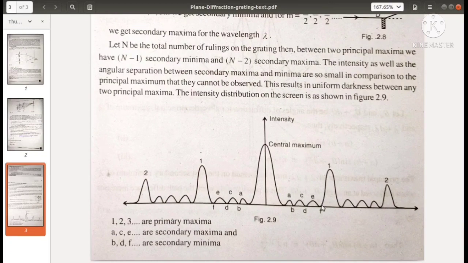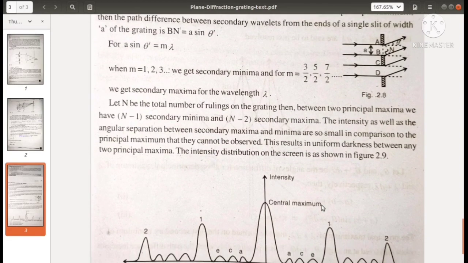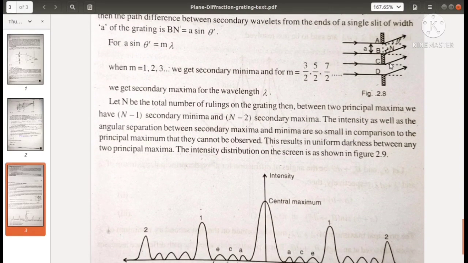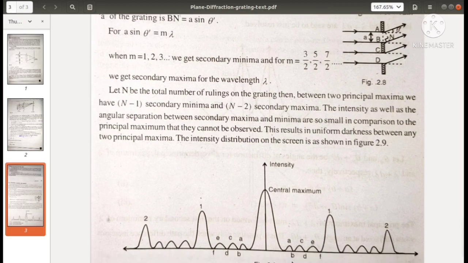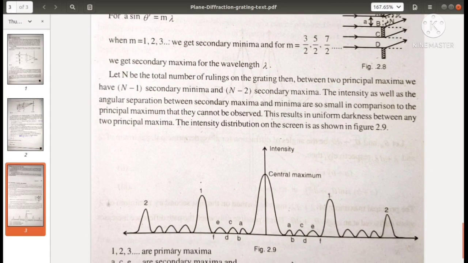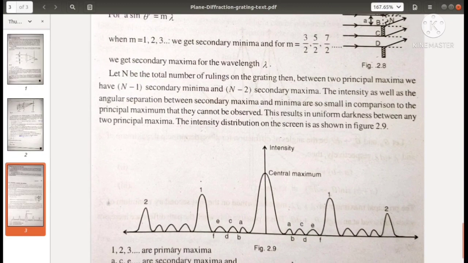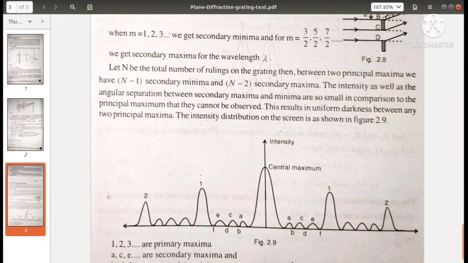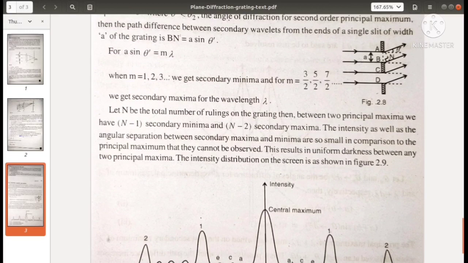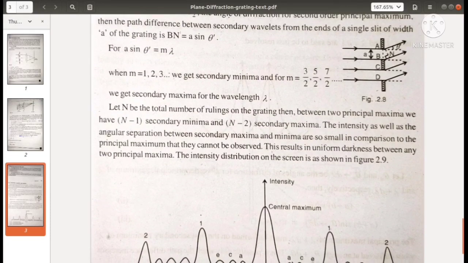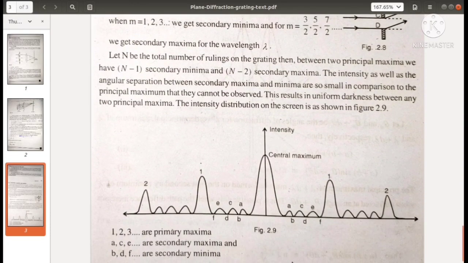This represents the superposition of lights coming from a single slit. And the maxima and minimum intensity is according to the condition of path difference, whether it is equal to an integral multiple of lambda or an odd integral multiple of lambda by 2.